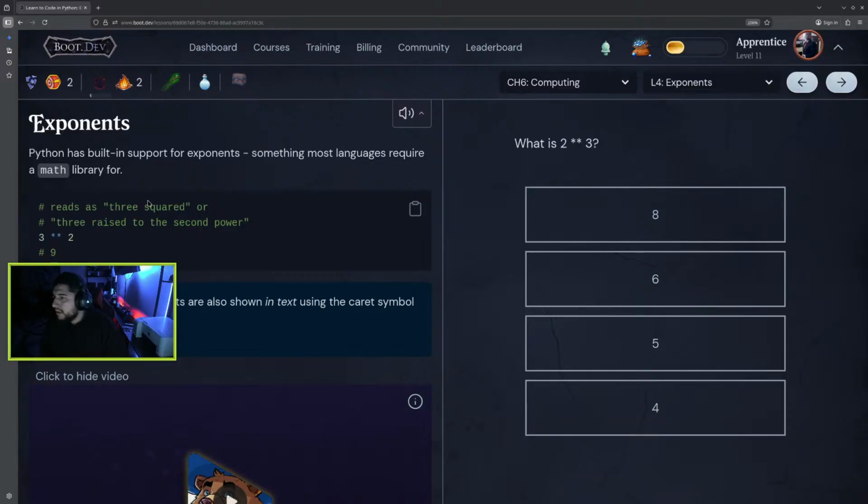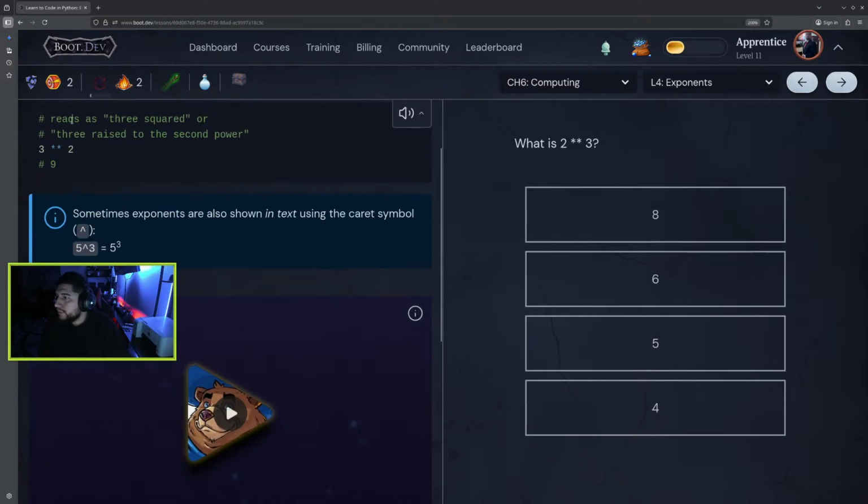Exponents. Python has built-in support for exponents, something most languages require a math library for. Alright. So it reads as 3 squared or 3 raised to the second power, 3 to the power of 2. So you just put 2 stars, equals 9. So 3 times 3 itself, that's what to the power means, right?